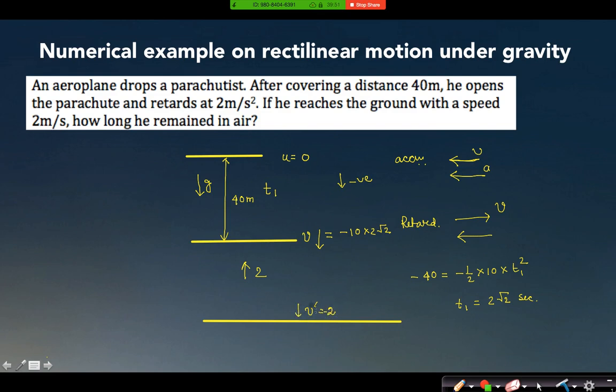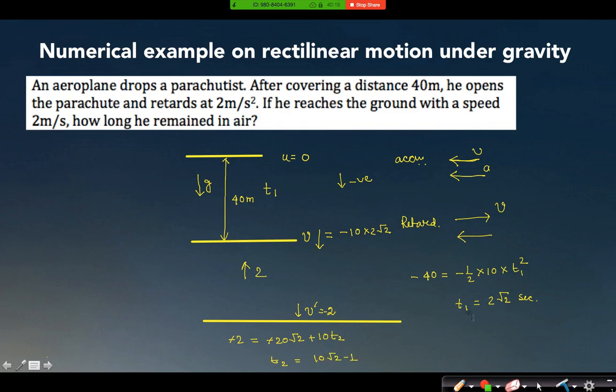So can I use the first equation v equal to u plus at to find out the time? Yes, minus 2 is equal to minus 20 root 2 minus 10 t2. From there you can make all of them plus. So t2 will be 10 root 2 minus 1.